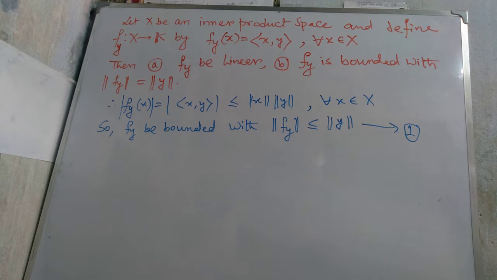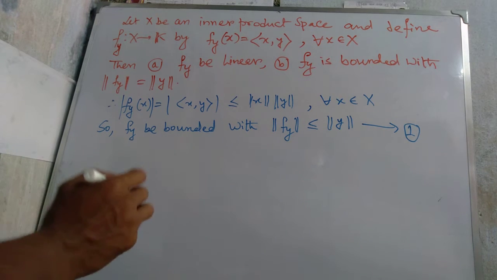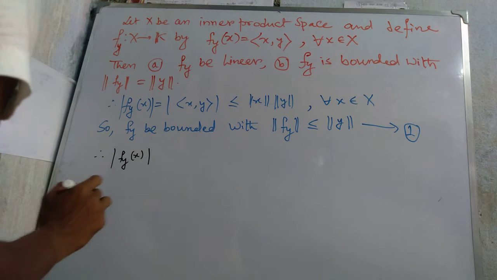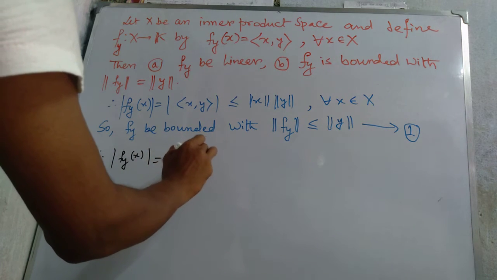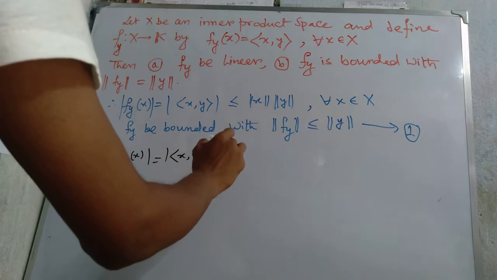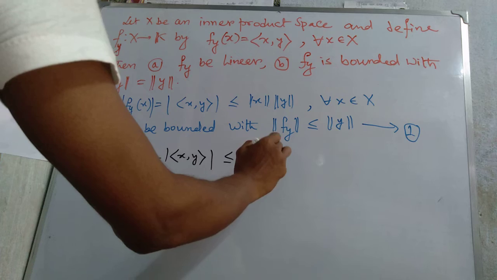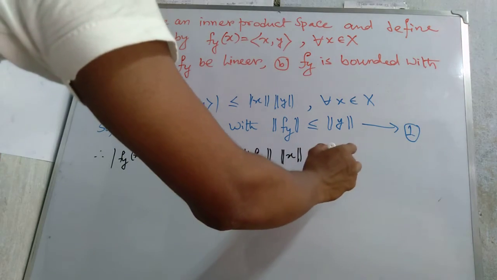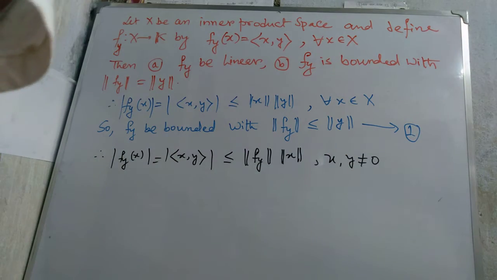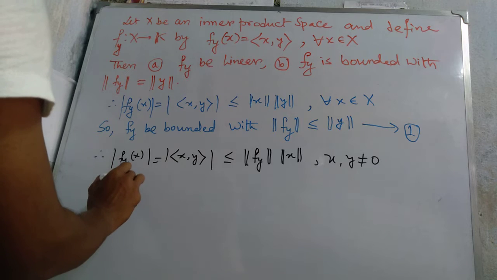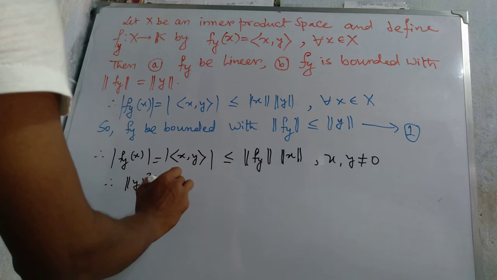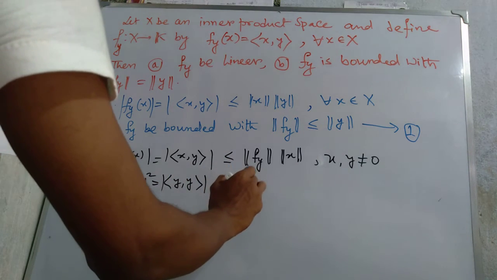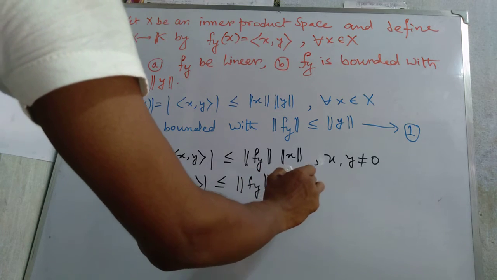Again we write here F_y(x) equal to inner product of x and y less than or equal to norm of F_y norm of x. For y not equal to 0, again, norm of y square equal to inner product of y and y less than or equal to norm of F_y norm of y.